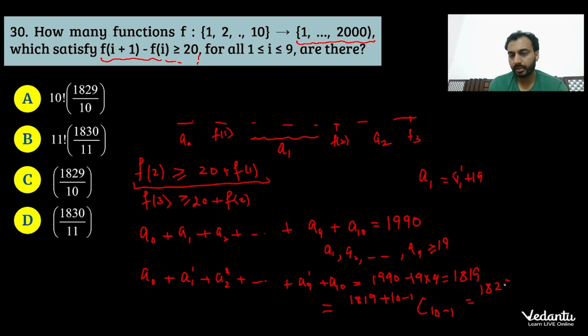So 1829 C 10 is our answer. As we have to select 10 numbers, these are the ways to do the selection. Thank you guys.